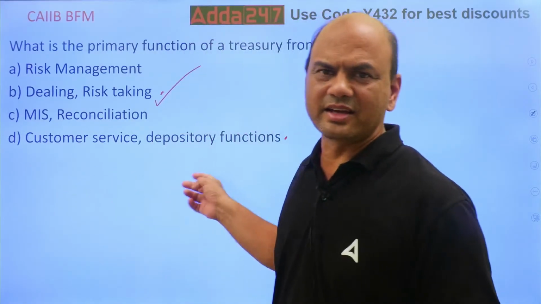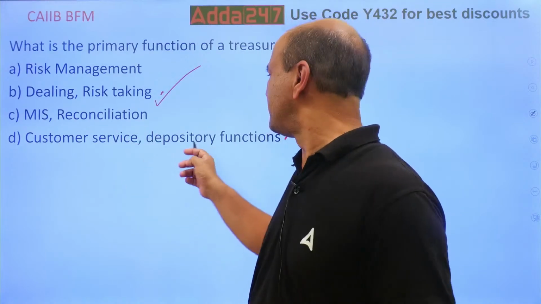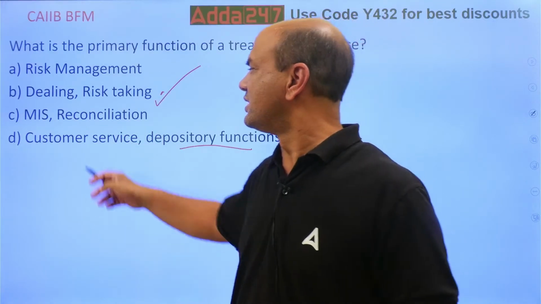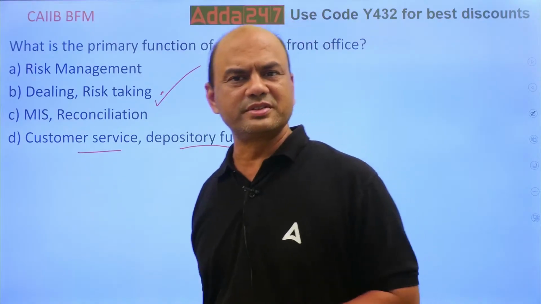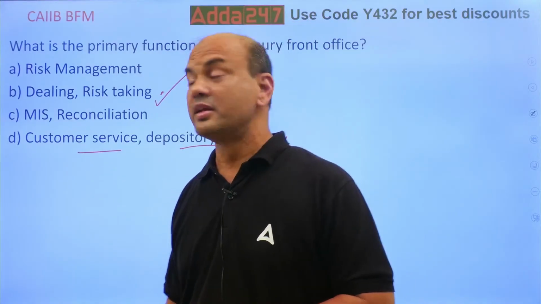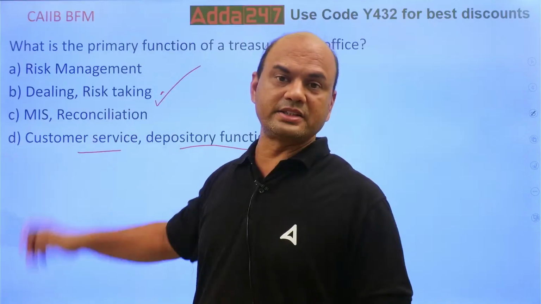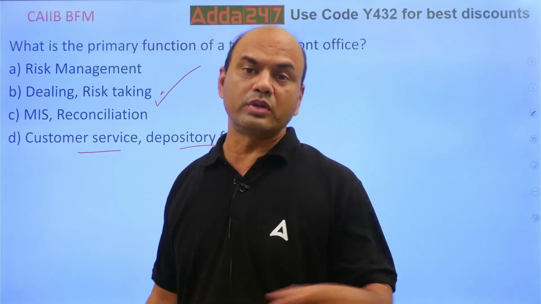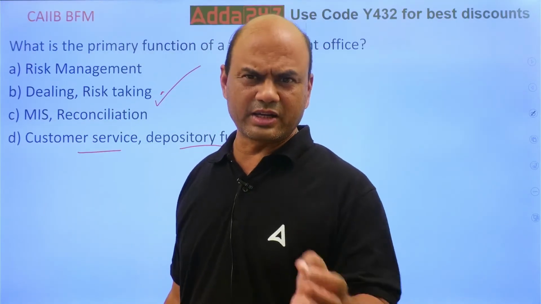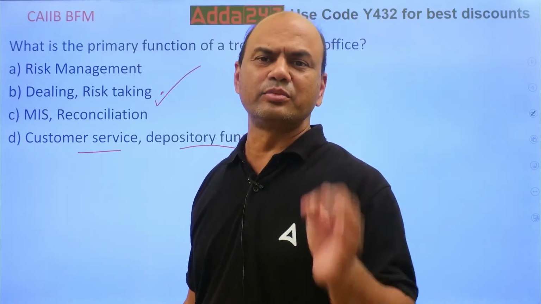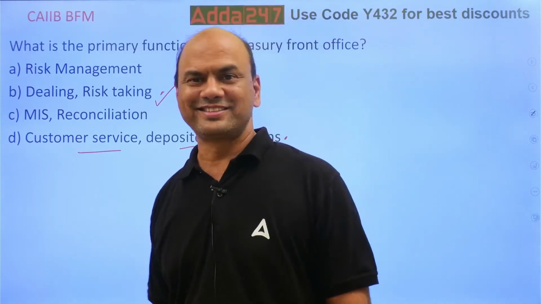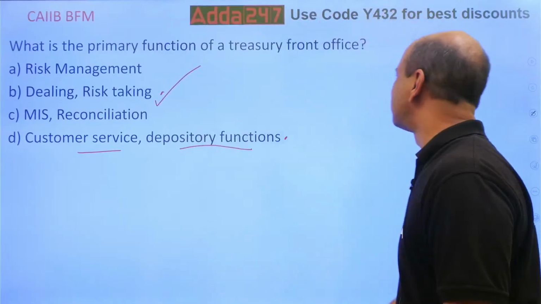That will be taken care of by the back office or the mid office. Their main job is dealing and risk taking because the markets are so volatile. If you see something right now at this price, next moment it can go like anything. So that's why dealing and risk taking.